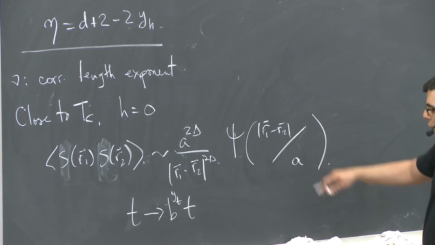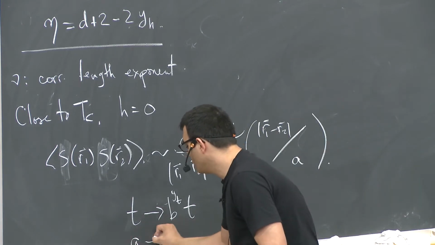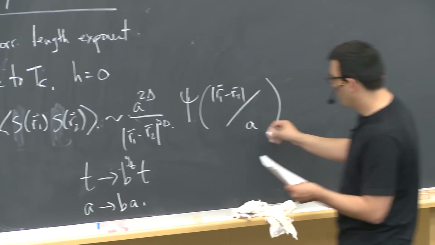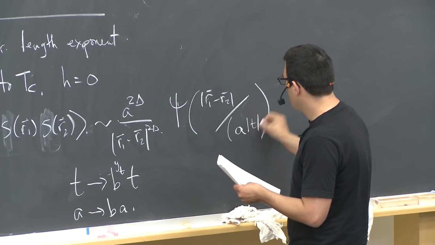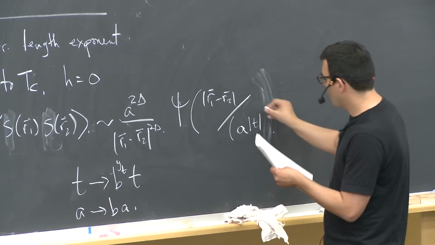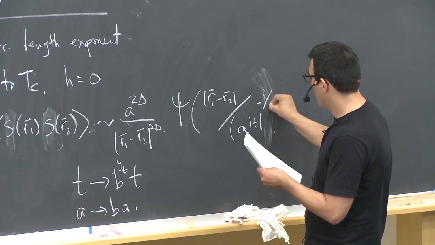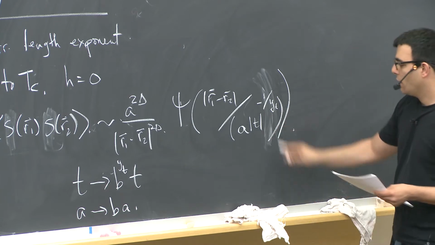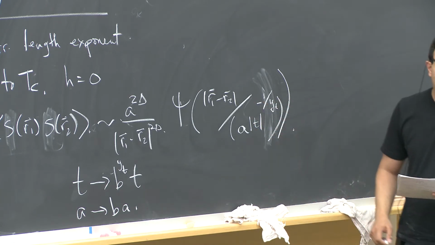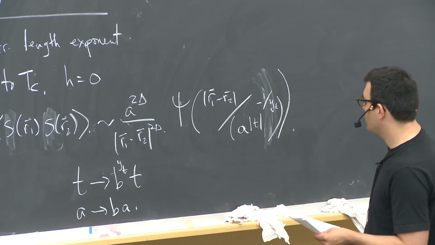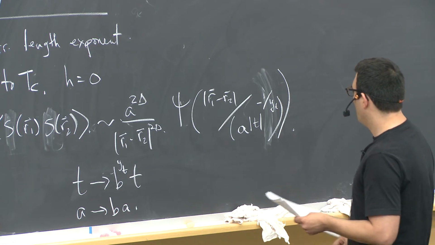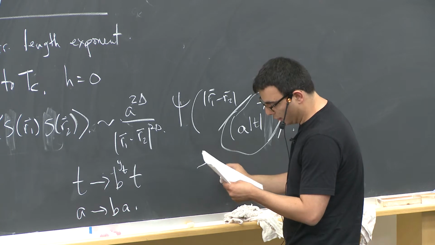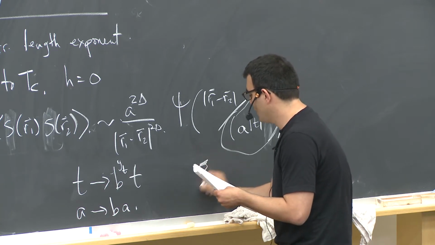So recall that A goes to B times A. In order to make this invariant, we have to put here in the denominator t to the power minus 1 over y_t. And then this quantity here is invariant under A goes to B times A. So this is the correlation length, usually denoted by xi.